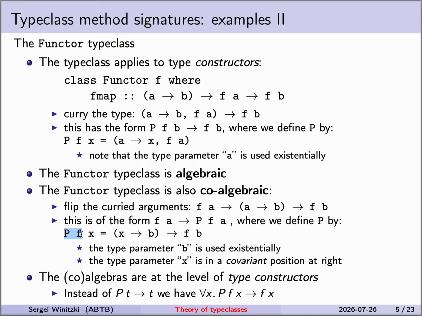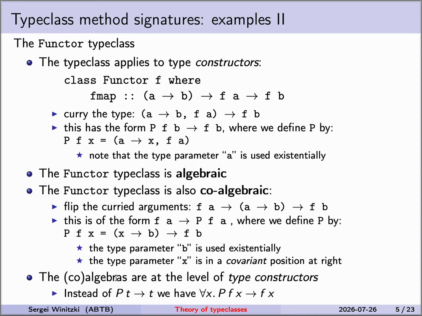So this is still a covariant functor. So if f is a covariant functor, then p f also is a covariant functor. And so, in fact, the functor type class is both algebraic and co-algebraic at the same time.